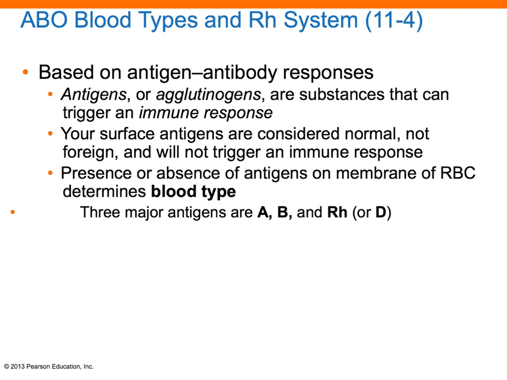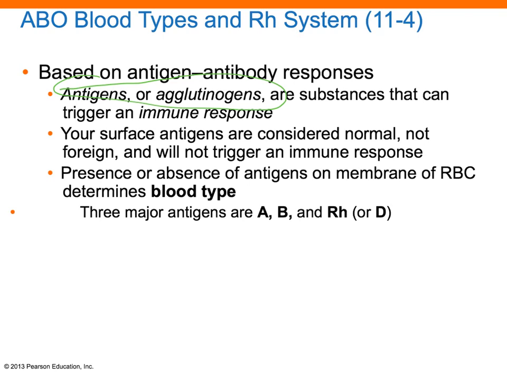Blood typing allows us to classify blood based on glycoproteins that are present on the outer surface of the red blood cell's plasma membrane. These proteins are called antigens or agglutinogens. And these can trigger an immune response, and they are found on the surface of the plasma membrane.